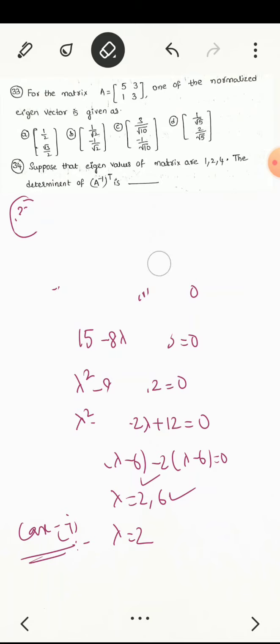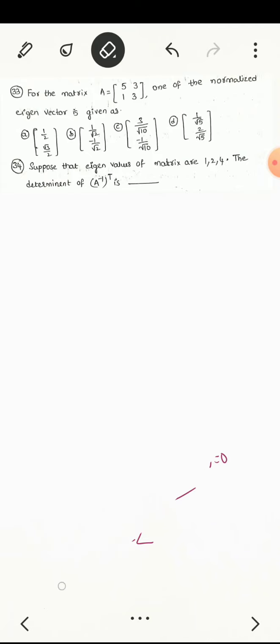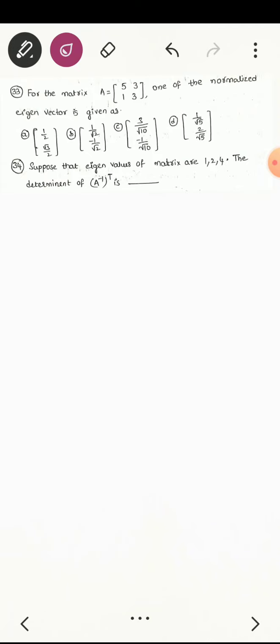Suppose that the eigenvalues of the matrix A are 1, 2, 4. Then find the determinant of A inverse transpose. So first, what are the eigenvalues of matrix A? 1, 2, 4. If eigenvalues of matrix A are 1, 2, 4, then what are the eigenvalues of A inverse?